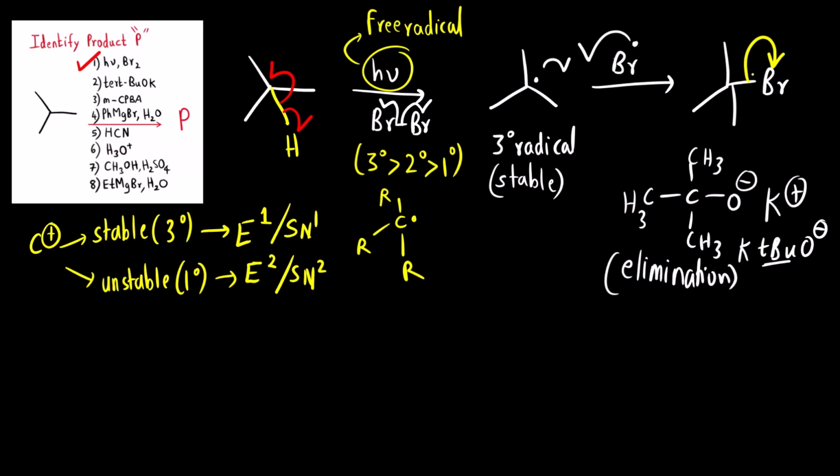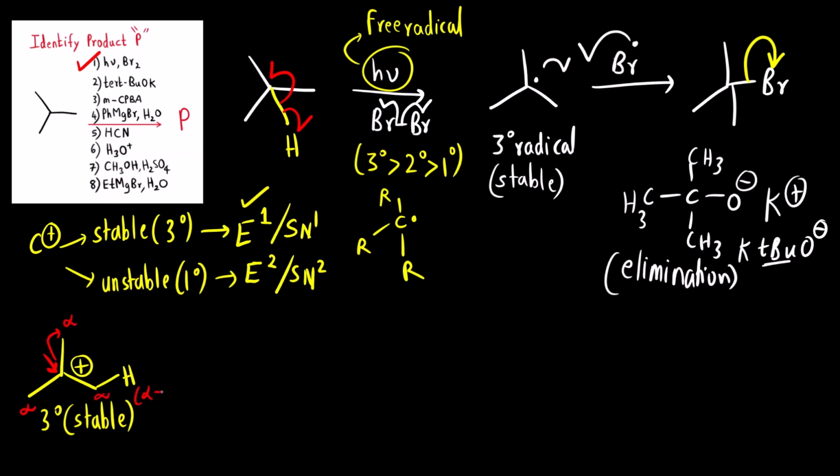So here if I remove Br minus, what I will get is a tertiary carbocation, which is a stable carbocation. So which mechanism will be followed here? E1. Any one of the alpha hydrogens will be abstracted. What is alpha hydrogen? The carbon having positive charge, the carbon next to that is alpha, this is also alpha.